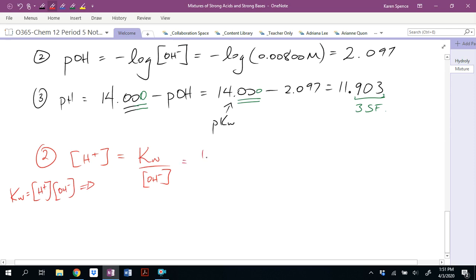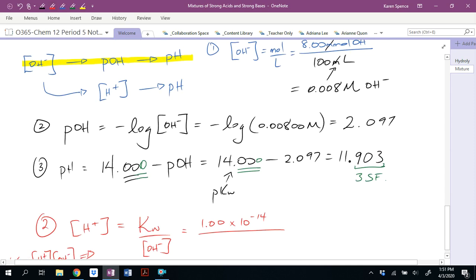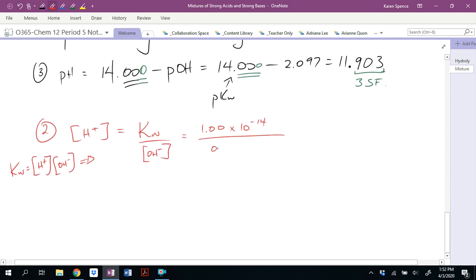So that's going to be 1.0, but I want 3 sig figs, so I'm going to put 1.00 times 10 to the negative 14, that's our Kw value, over, and we'll go back and see our concentration of hydroxide, 0.008 molar. So 1 times 10 to the negative 14 divided by 0.008 is 1.25 times 10 to the negative 12 molar.